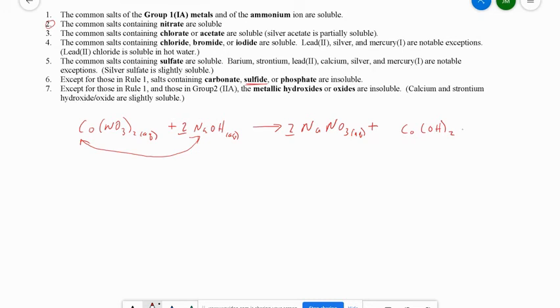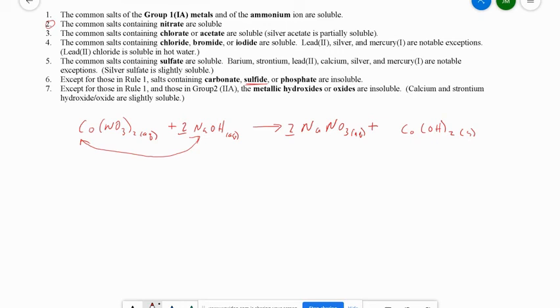So that means this is our solid, our precipitate. So this reaction would happen. Cobalt 2 hydroxide would form a solid and fall out of solution and form the precipitate on the bottom.